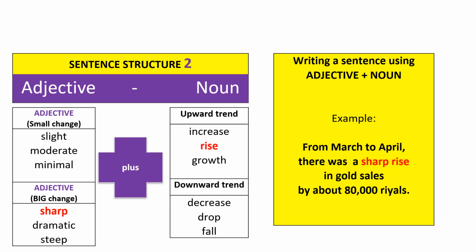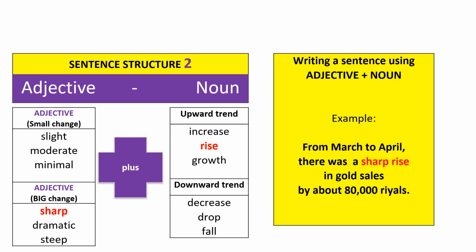Good. Remember that we used the verb rose in the previous example. Rose is a verb in past form. If it is changed to noun, rose now becomes rise. How do we use these words in a sentence? Please look at the example given on the rightmost box.